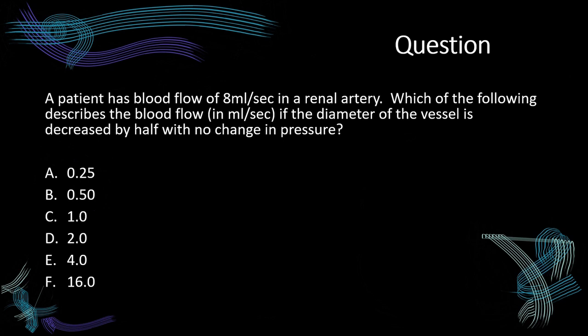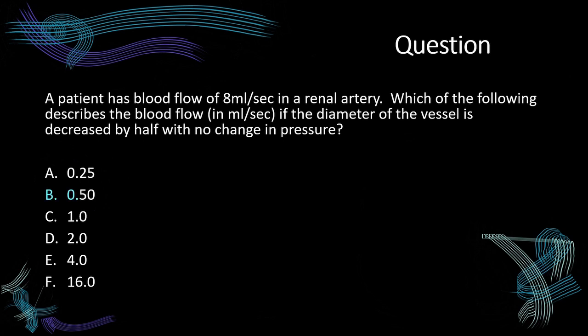So we just said that the diameter is related to the 4th power when we talk about flow. So if I decrease the diameter by 1/2, I'm going to decrease the flow 16 times. So the question would be, what is 1/16 of 8 milliliters?